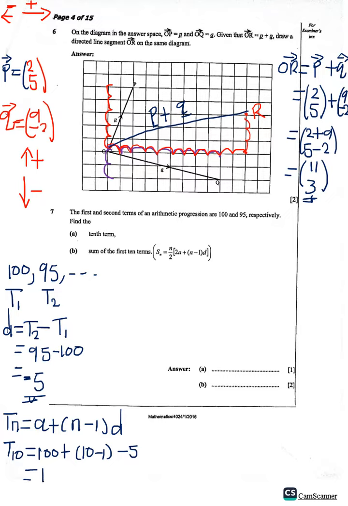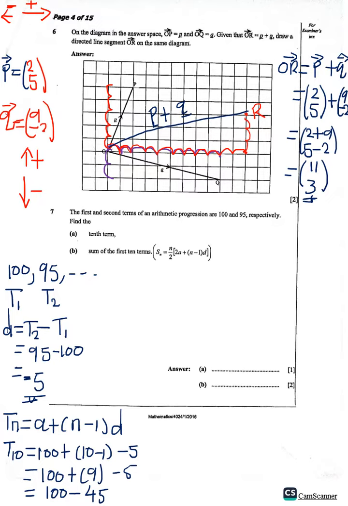So let's simplify this. 100 plus 10 minus 1 is 9, times -5. So positive 9 times -5 is -45.